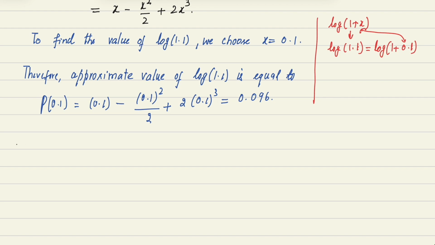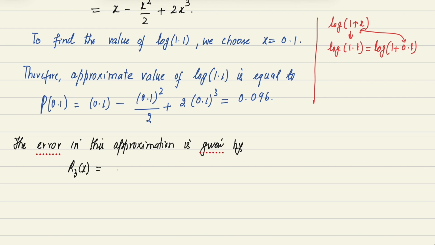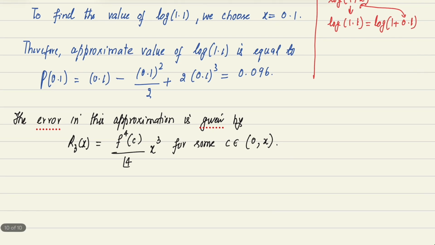Now finally we evaluate the error or the upper bound in the error of Lagrange's form of remainder. The error in this approximation is given by R3 of x, which is defined as the fourth derivative at some point c divided by 4 factorial into x power 4, for some c belonging to the open interval 0, x. Now we already have the third derivative of f.